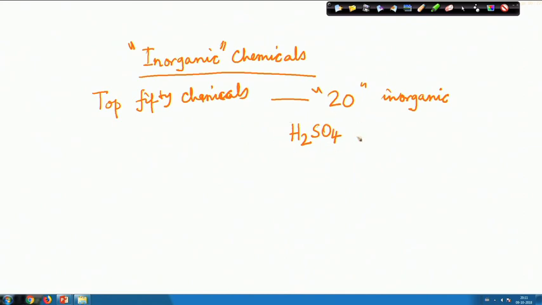Sulfuric acid is useful not only as an acid, giving H+ as well as SO4 2-, and we can get it from SO3 or from SO2, or initially from elemental sulfur.